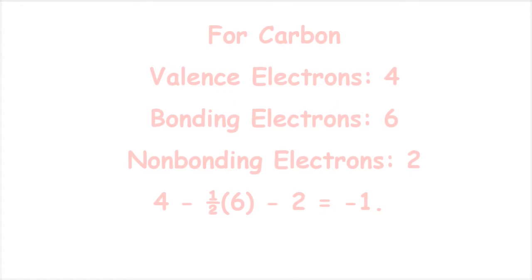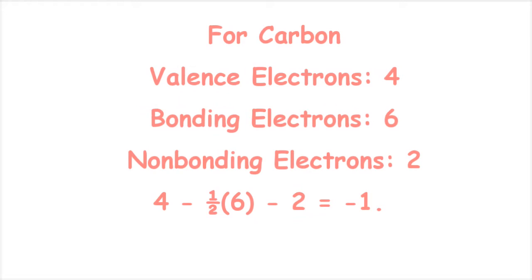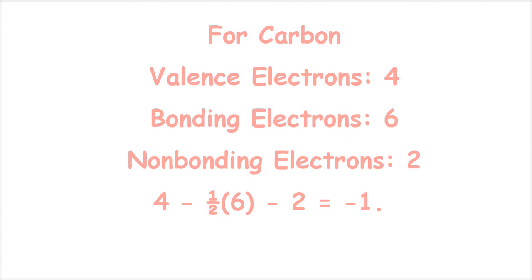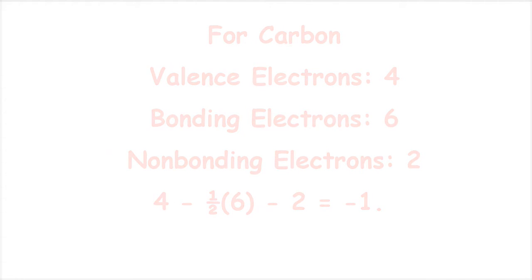For instance, let's find the formal charge of the cyanide ion, CN negative. Neutral C has 4 valence electrons, 6 electrons in the cyanide triple bond, and 2 non-bonding electrons. Therefore, it would be 4 minus 1/2 times 6 minus 2, which would equal -1. The formal charge of C is -1.